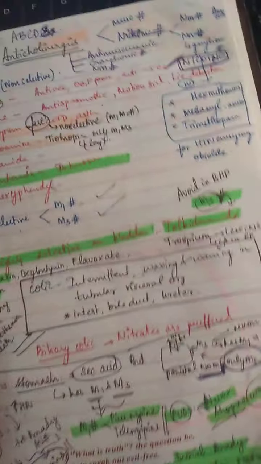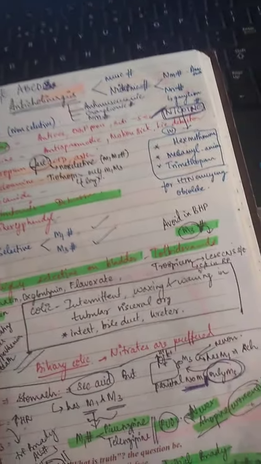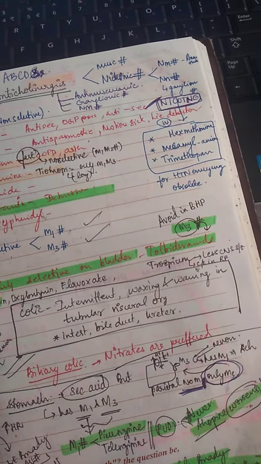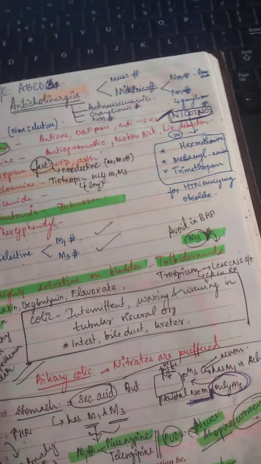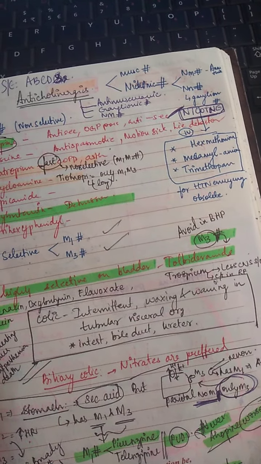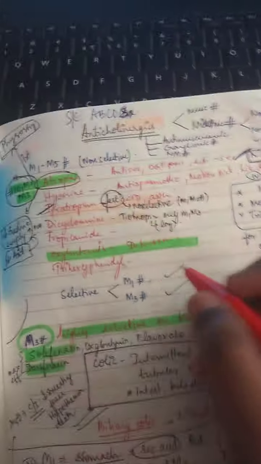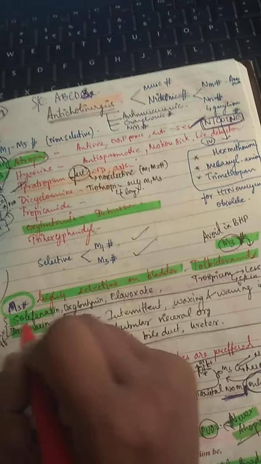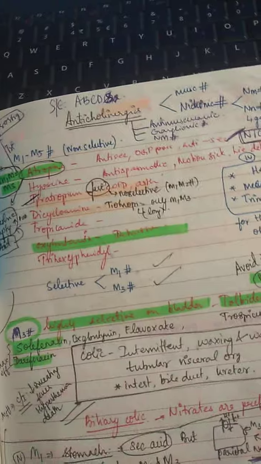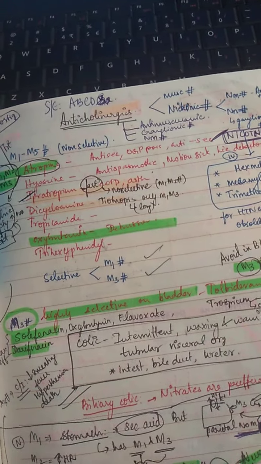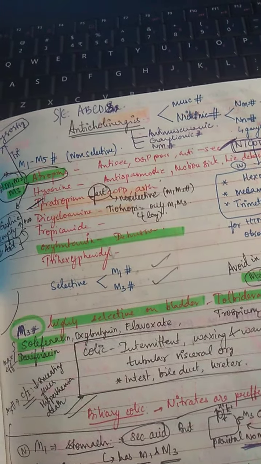Then we have oxybutynin, which is useful in overactive bladder, that is, detrusor hyperactivity. Now, what is the function of these M3 blockers, solifenacin and darifenacin? They produce muscle relaxation.